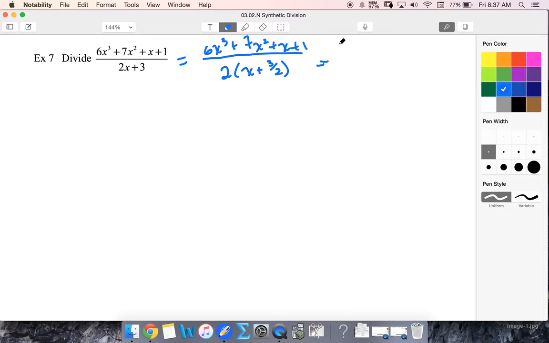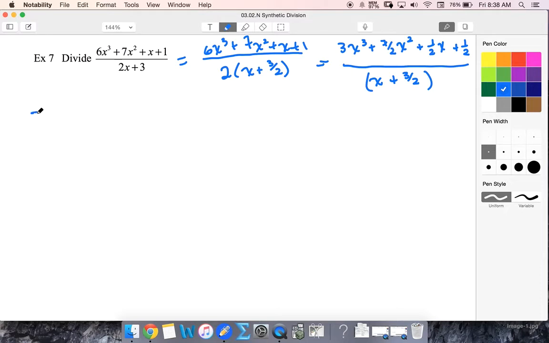So I could rewrite that as 3x cubed plus 7 over 2, or 3.5, x squared, plus 1 over 2 x, plus 1 over 2. And it's better to leave the coefficients as fractions. And in the denominator, I could say x plus 3 halves.